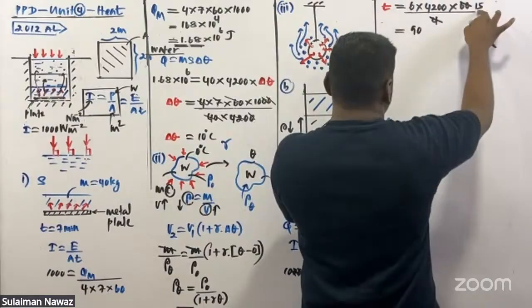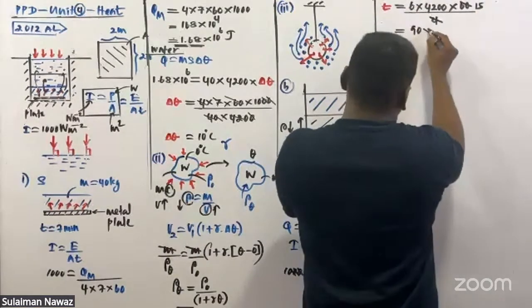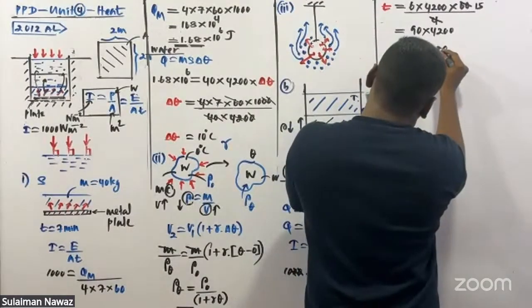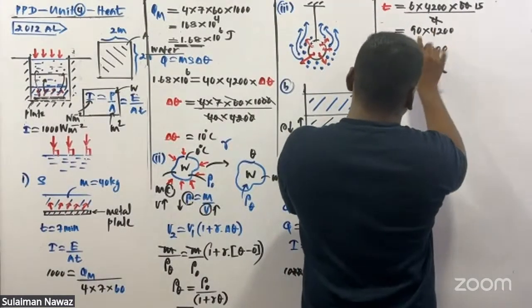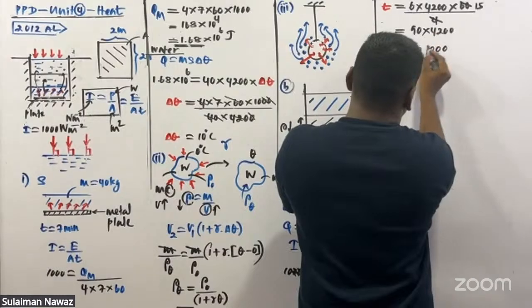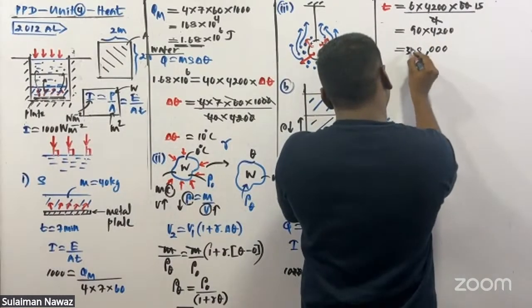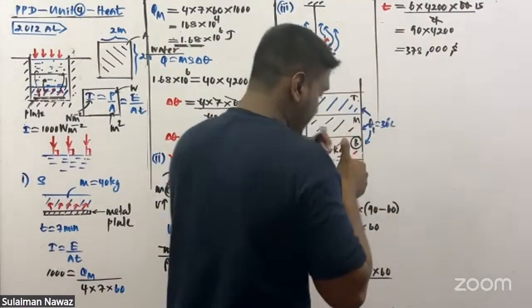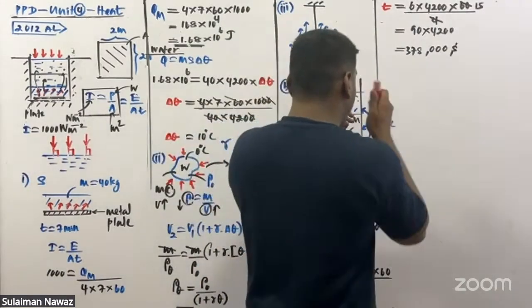Then 4200, with 3 zeros. 9 times 2 means 18. Someone check that this answer is correct. This answer is correct.